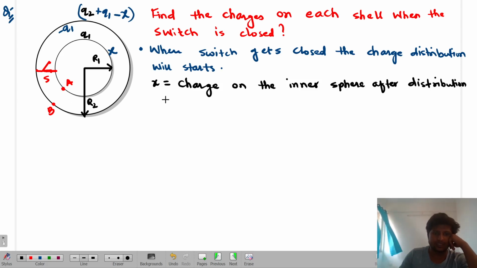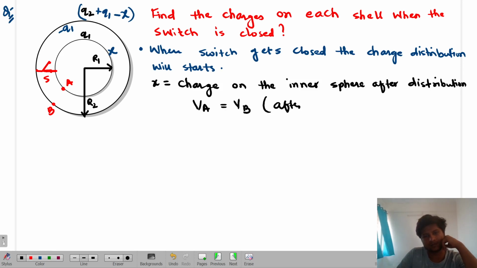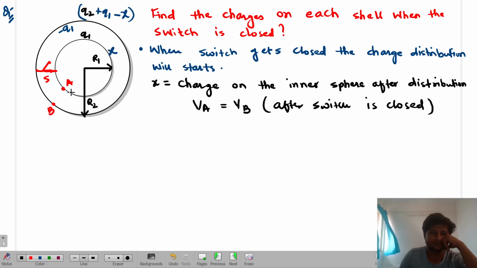Yeah. So look over here. Then the potential of A must be equal to the potential of B. What is the potential of A? Tell me. First, due to its own charge, K x by R1, and then due to the outer sphere, there will be some potential on it or not.